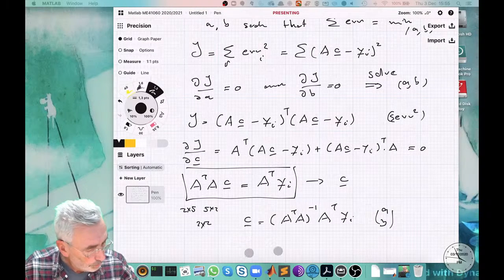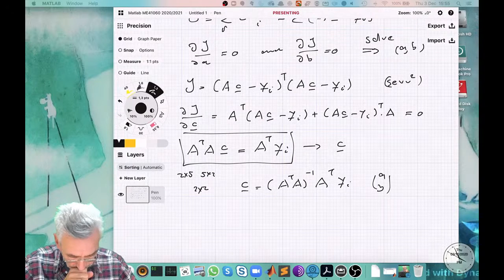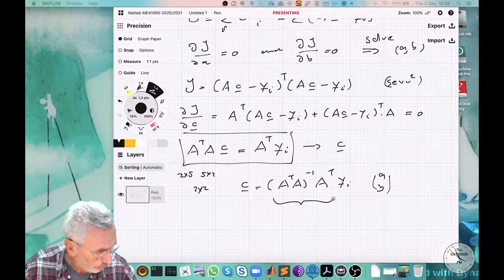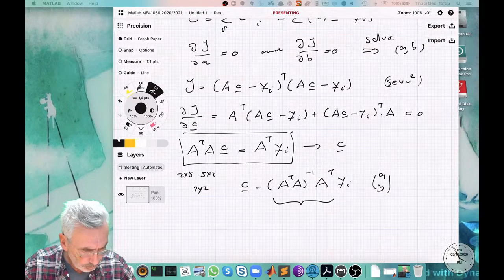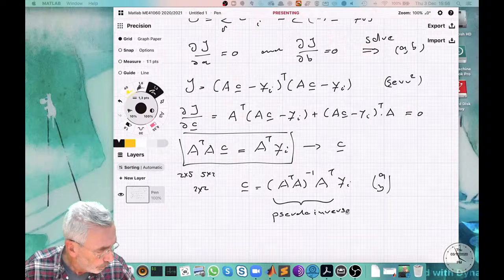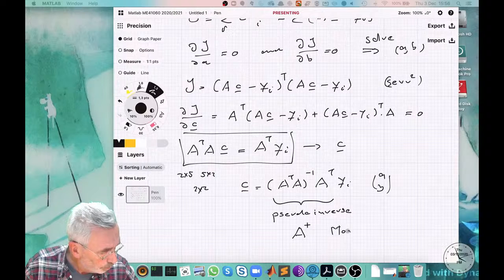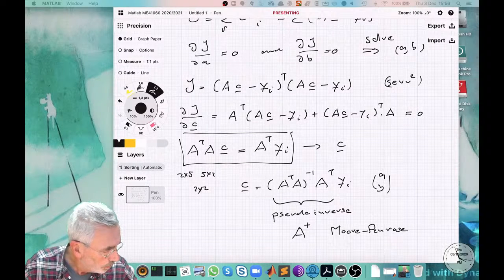There is actually a very nice term for this inverse thing, this whole shebang, and we call that the pseudo inverse. There's even a symbol for that. In mathematics you write it as A plus, and the name which goes by that is the Moore-Penrose inverse.